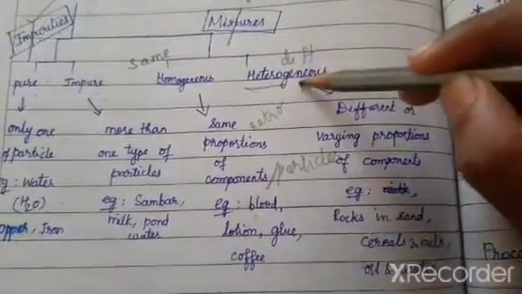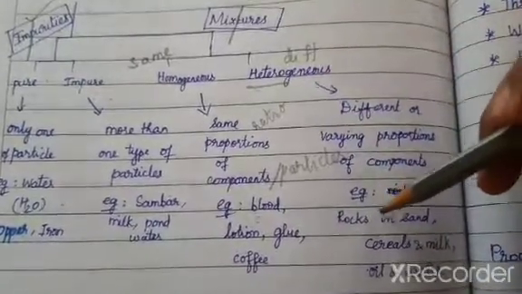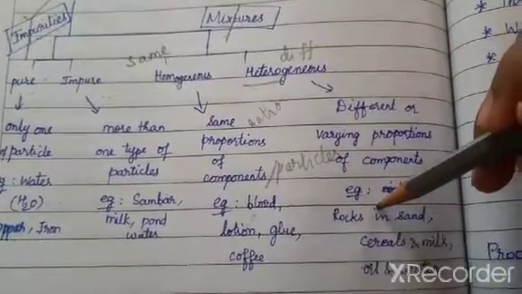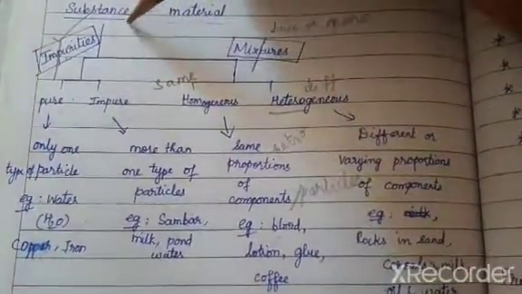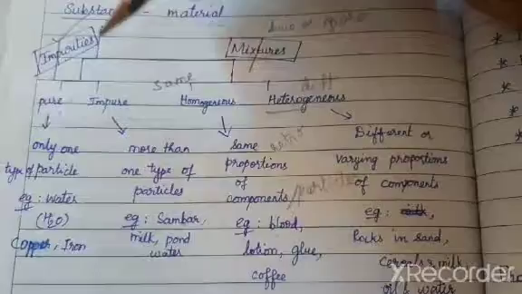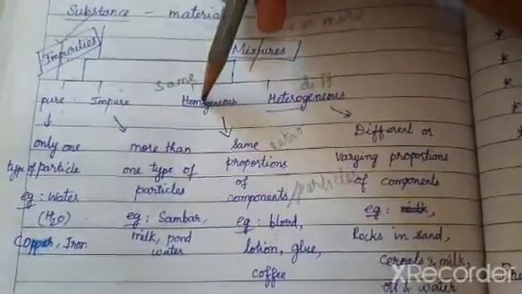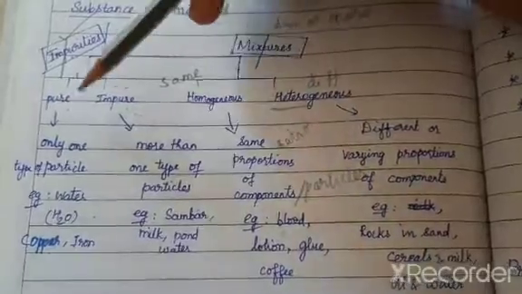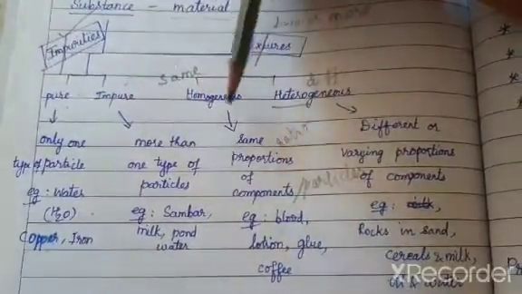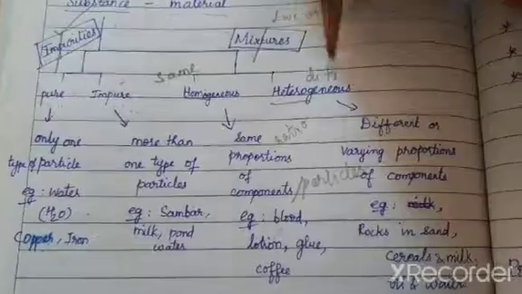But heterogeneous mixtures are not easy to separate. Understood? So we are going to see in this chapter about pure substances, impure substances, homogeneous substances and heterogeneous substances. I hope by now you got an idea what each and everything means. Okay?